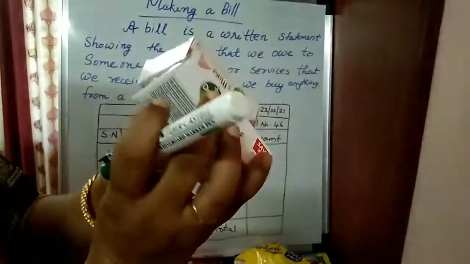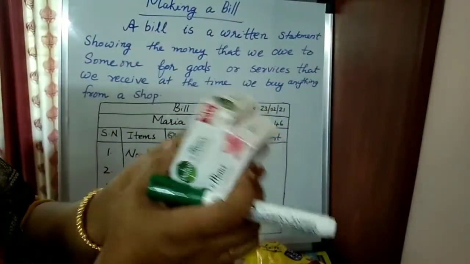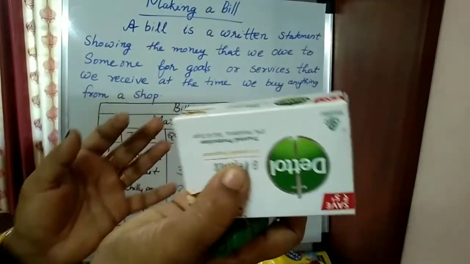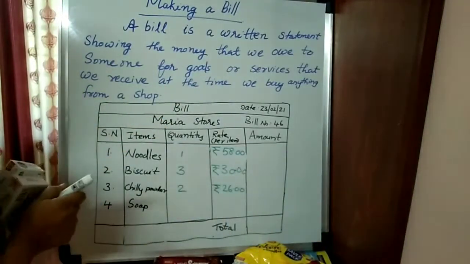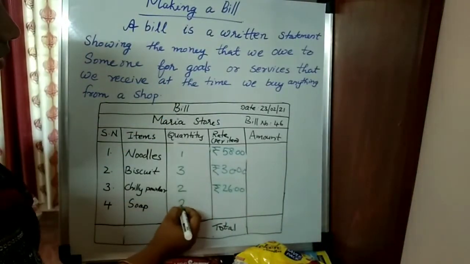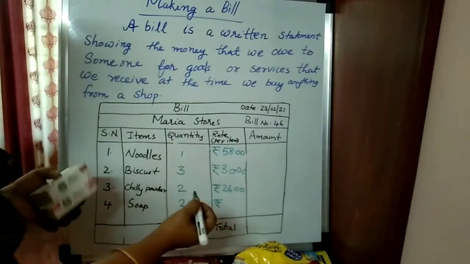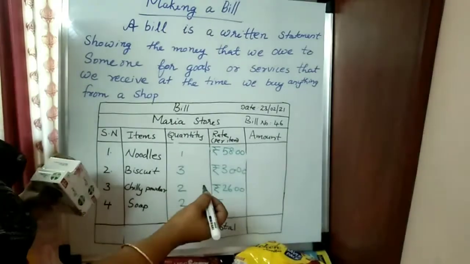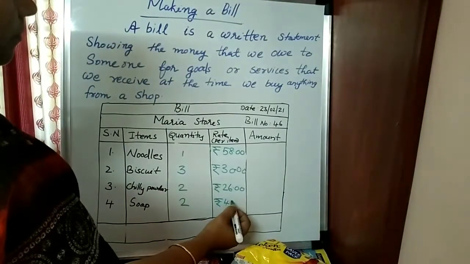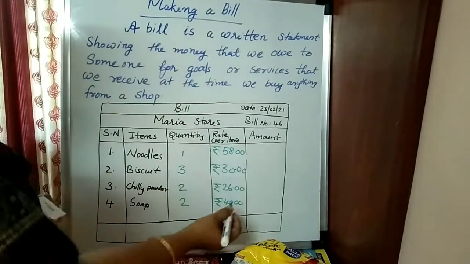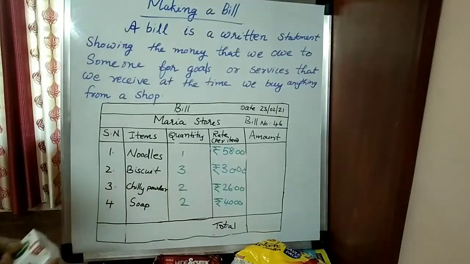That means the cost of each soap is 40 rupees. How many soaps? 2. So in quantity, here you write 2, then the cost of each soap is 40 rupees. Okay. Then what is our next step?